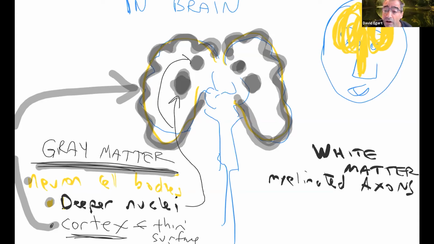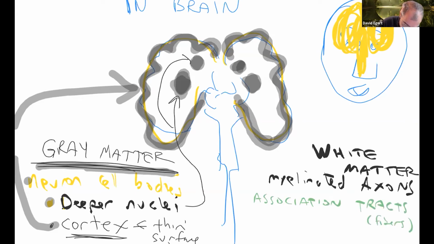I mentioned that there are some different categories of tracts, axonal tracts. So let me just put those out here now. We can have association tracts. They're basically just interconnecting stuff within a hemisphere. So some of the axons are interconnecting things staying within a hemisphere.